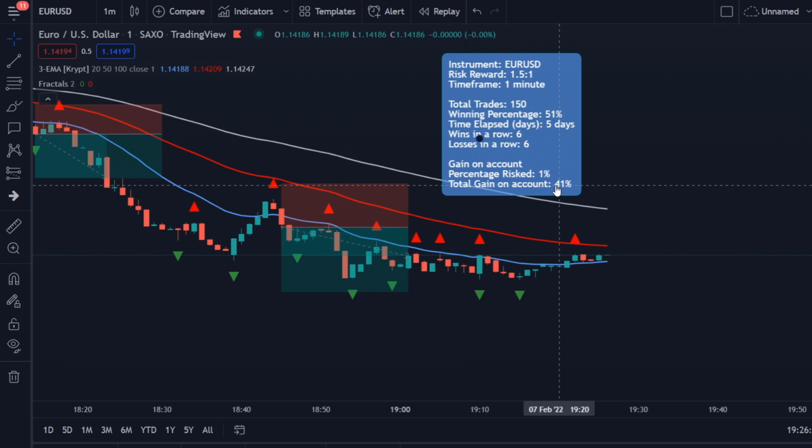And let's say that we have 4 weeks in a month, that is about 160% in a month, which is huge, of course. And the reason why it doesn't work like that is because we didn't take into account the fees and the spreads.